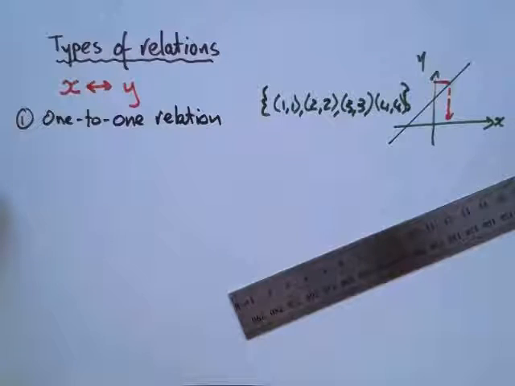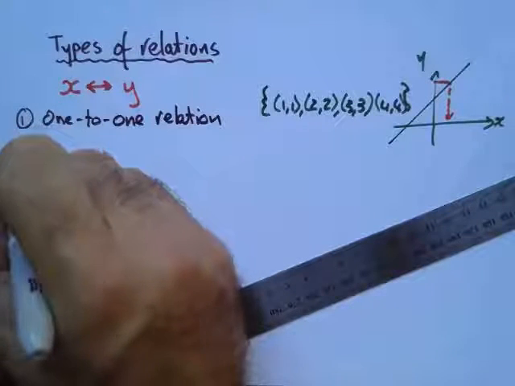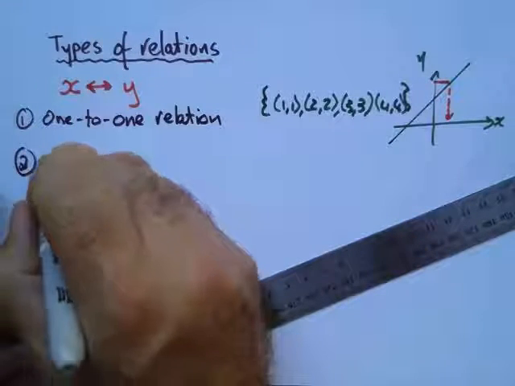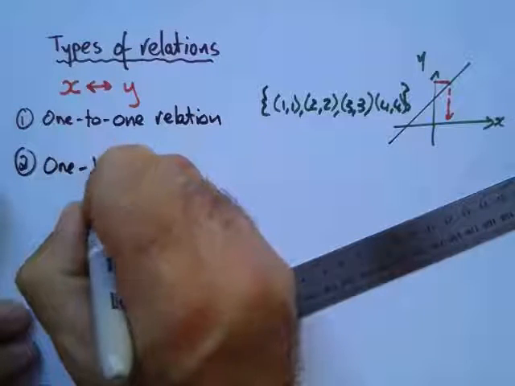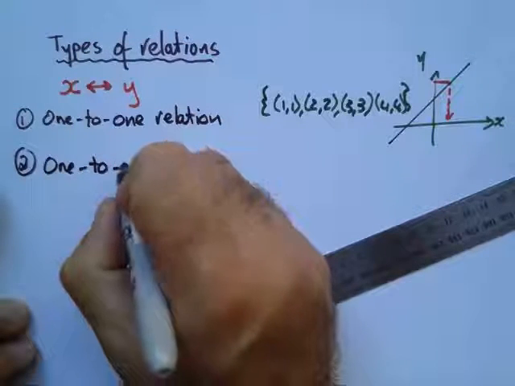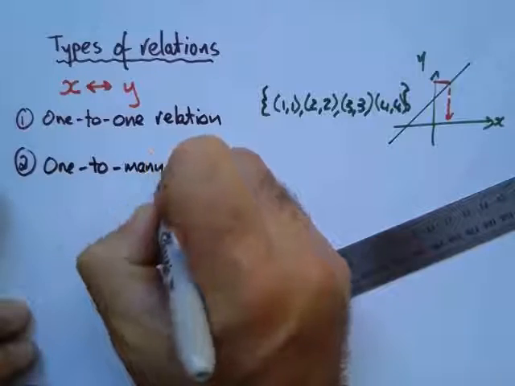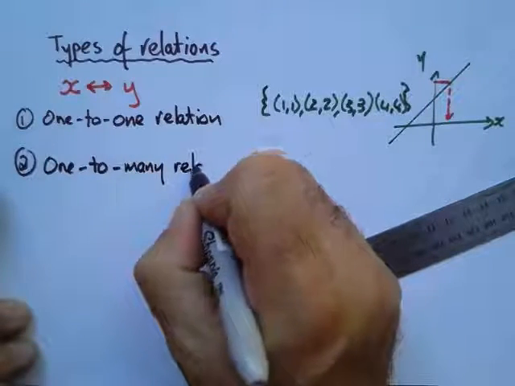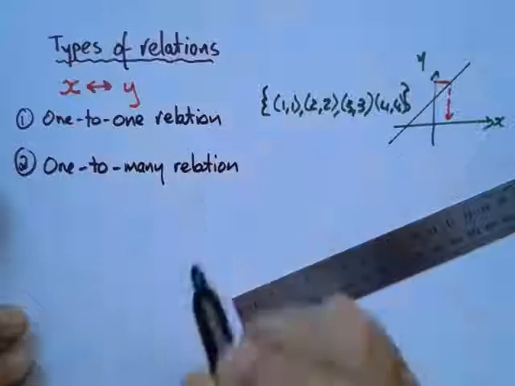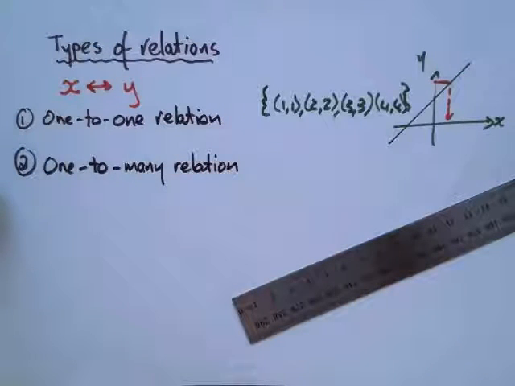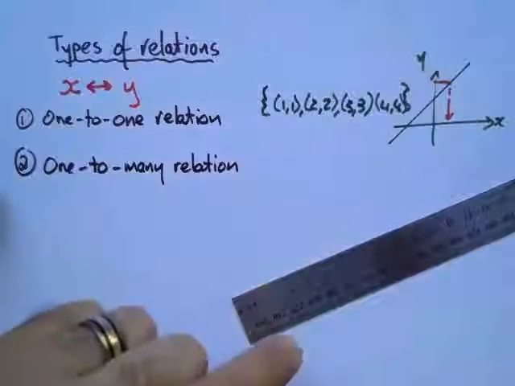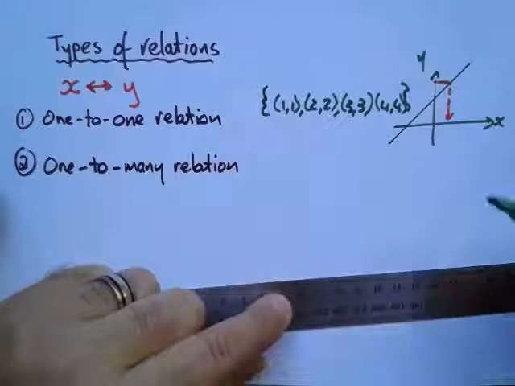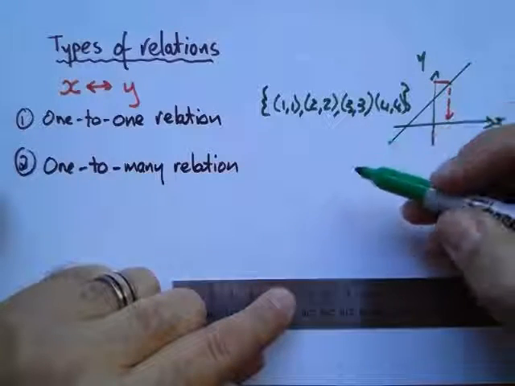Our second of the four is a one-to-many relation. Now that many just means more than one. It can be 2, it can be 3, it can be any number more than one. So one-to-many relations. And again, I think it's easier to explain that by using my graph.